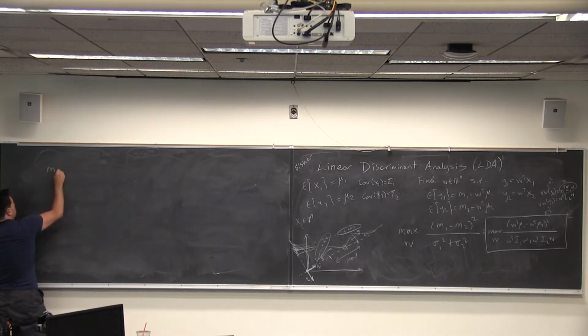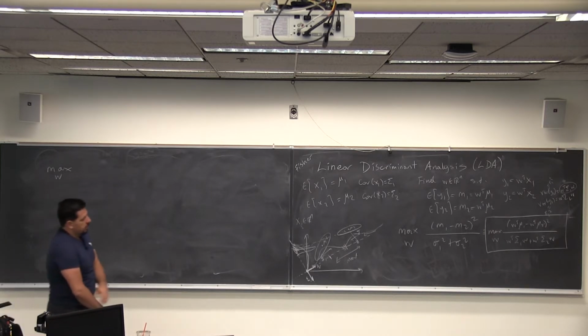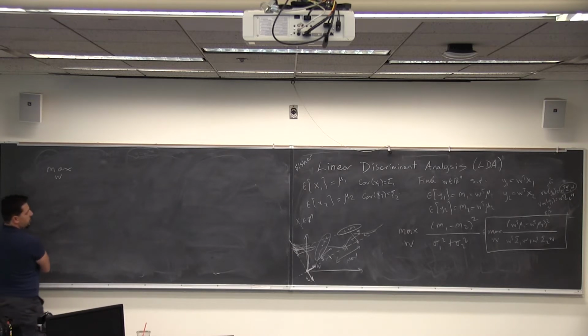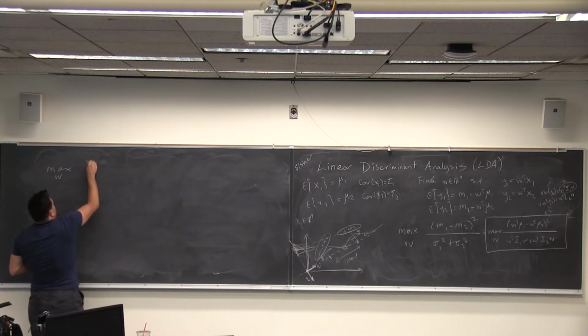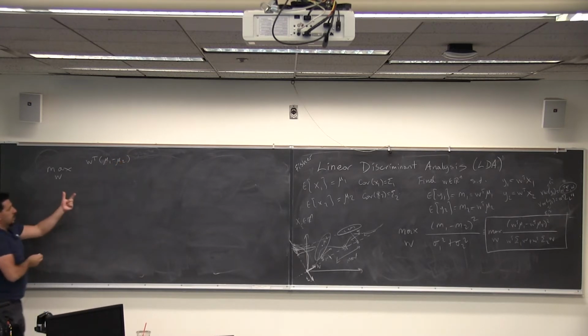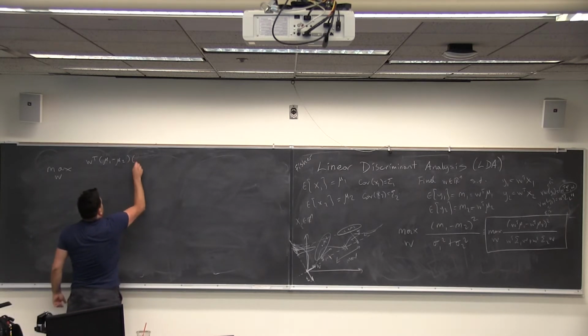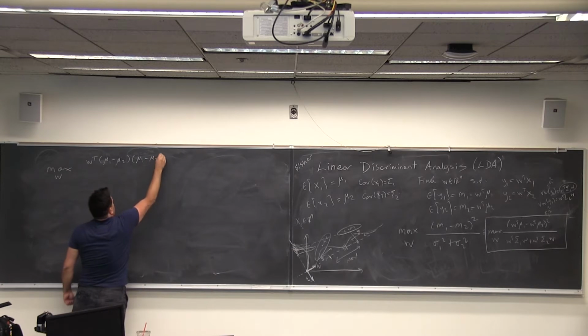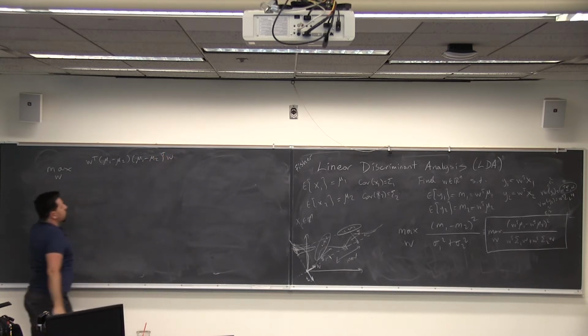I'm going to write the numerator a little differently by taking W transpose out from the left. So that square can be written as this scalar squared, and I'll take this scalar, flip it, and write it next to it to square. That's the numerator.